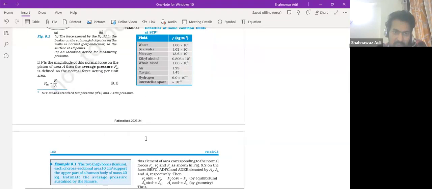And thigh bones, you guys have biology in your school, right? So thigh bones are called femurs. Each has a cross-sectional area of 10 centimeters square.